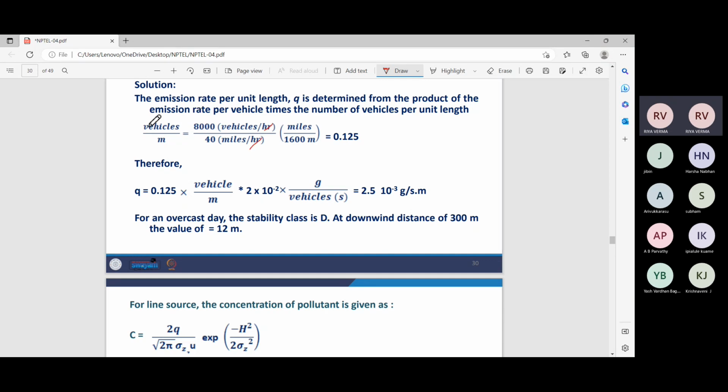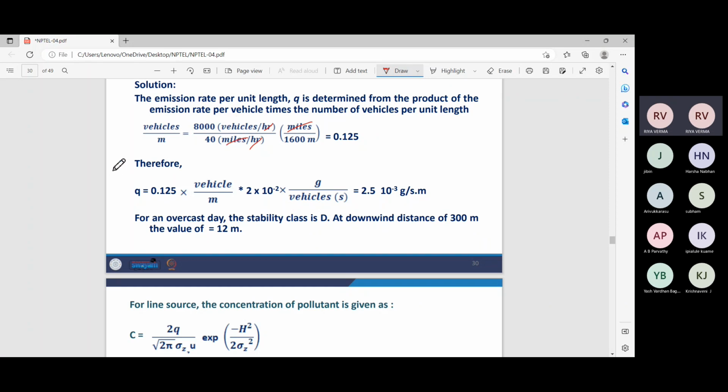But what we need here is vehicles per meter. 1 mile is equal to 1600 meters, so 40 miles will be equal to 40 into 1600 meters. So this will be the value, 0.125 vehicles per meter.